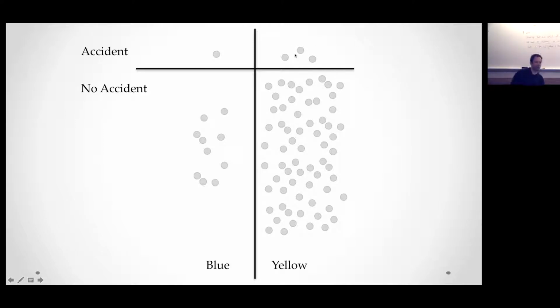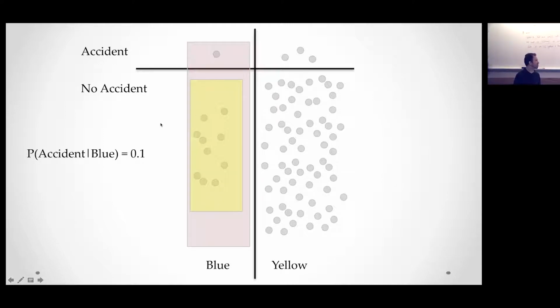But of course, there are more yellow cabs. So what we actually want is the rates. And that's kind of what conditional probability is. It's, given that we're yellow, how many accidents did we have? Or in this case, blue, right? So this is what conditional probability is. The thing after the pipe is the denominator, and then we count within that how many had an accident, right? So we only end up counting this accident, not that accident, because this one is inside the denominator.